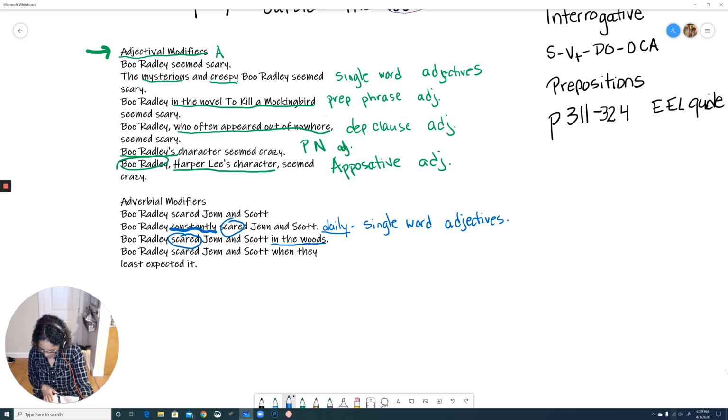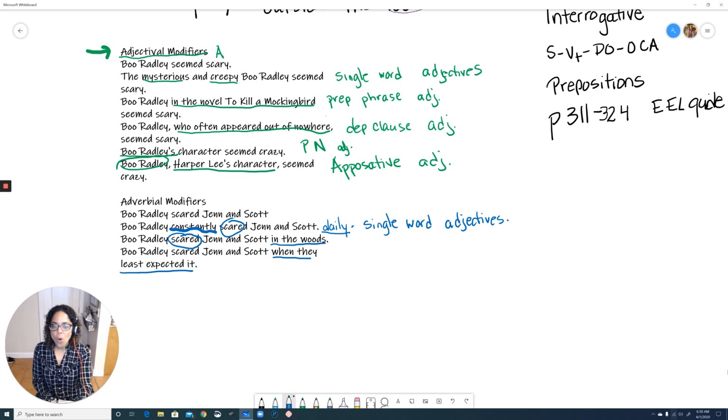The last example I have here is Boo Radley scared Jen and Scott when they least expected it. So here we have another complex sentence, and the subordinating clause is adverbial. So that subordinating clause is answering the question of when Jen and Scott were being scared by Boo Radley.